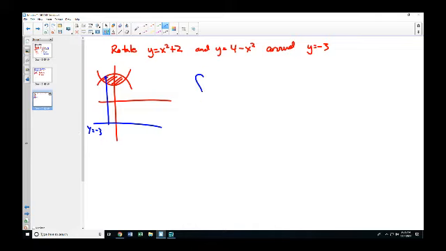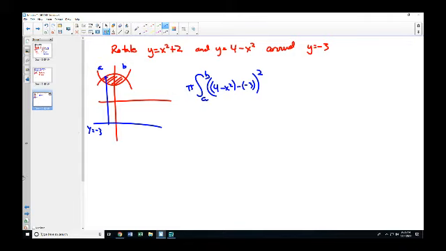You have to do two integrals. 4 minus x squared minus -3 is your radius. So basically, you add 3 units to the radius. Before it was just a function, now we're adding 3 units to it.